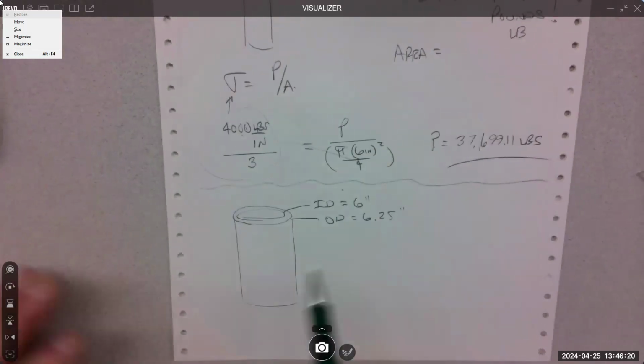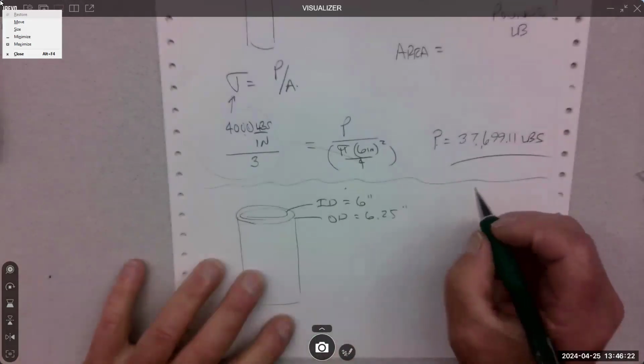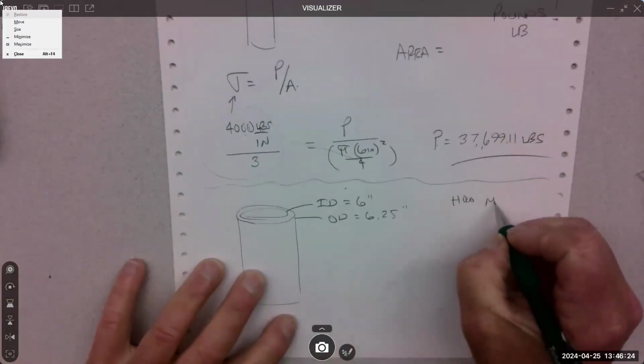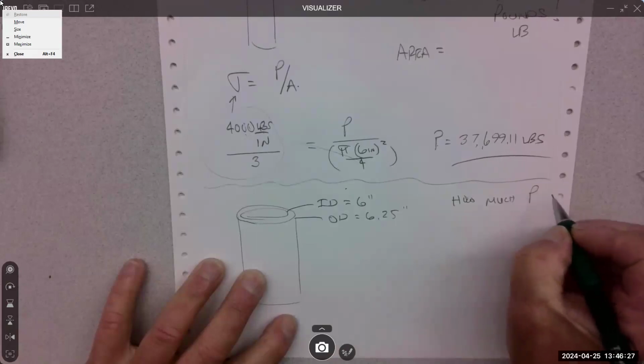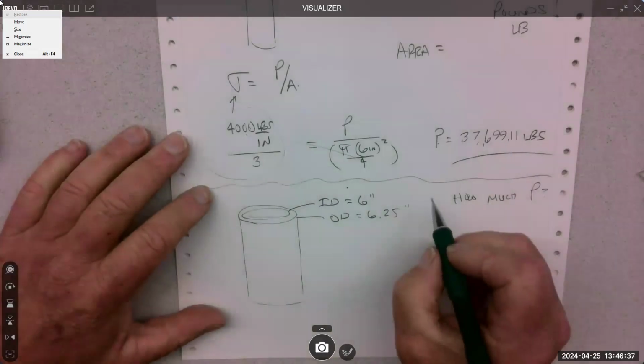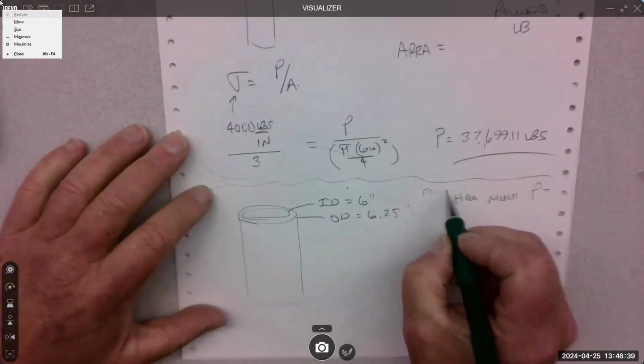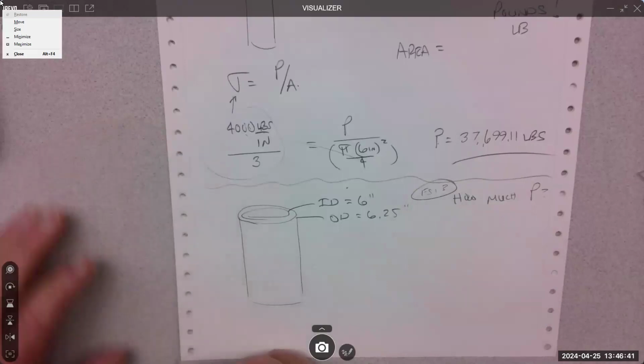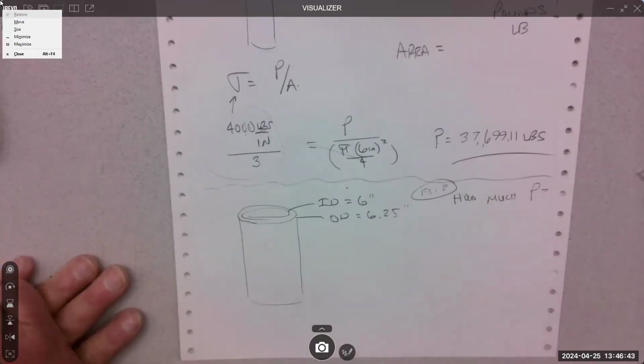All right, so how much load? Same process, right? And we'll use a factor of safety of 3 again, and it's the same mild steel.